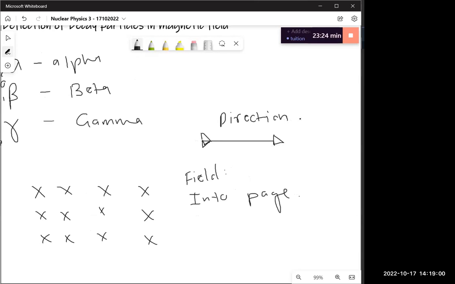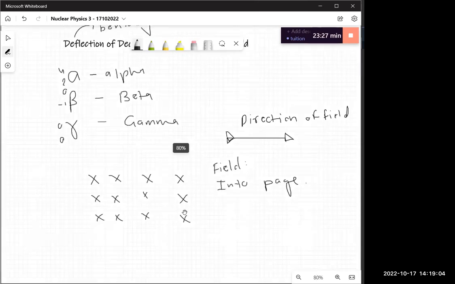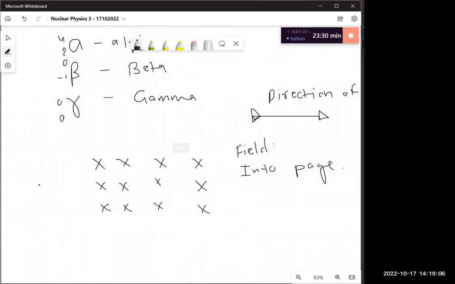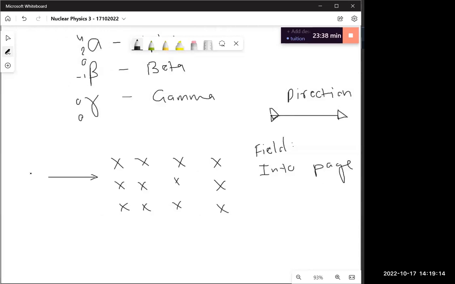Okay, direction of field. Now let's see how the different particles behave. Firstly, we'll throw in a beta particle, which is negative. Beta particles are negatively charged, yes? They have a negative charge, they're electrons.